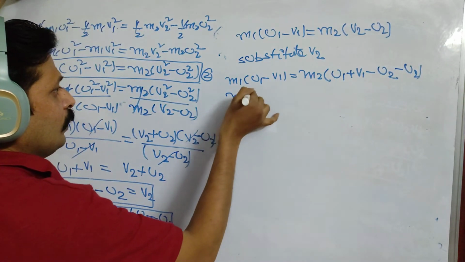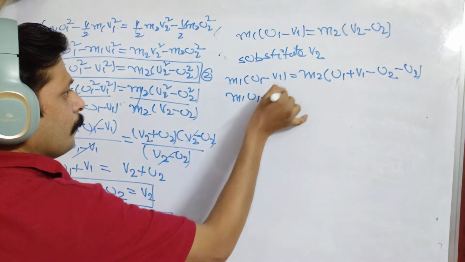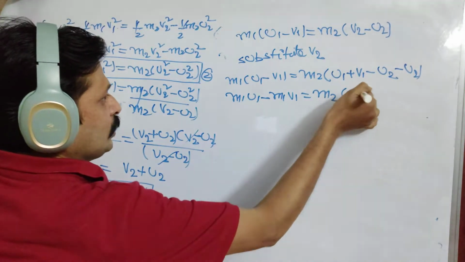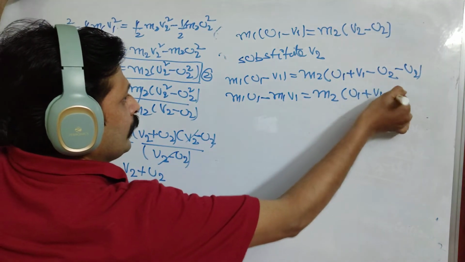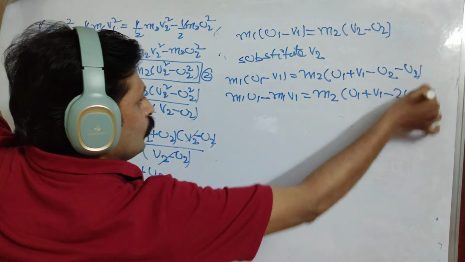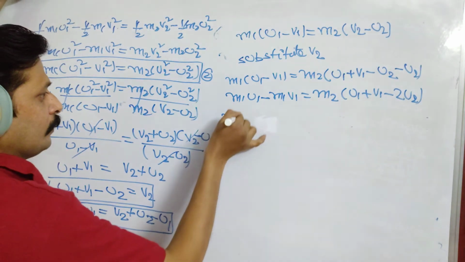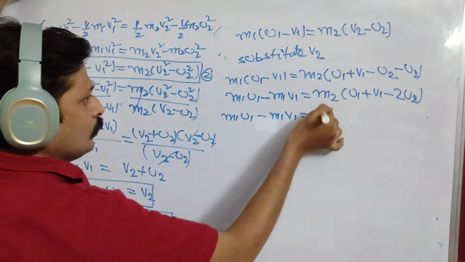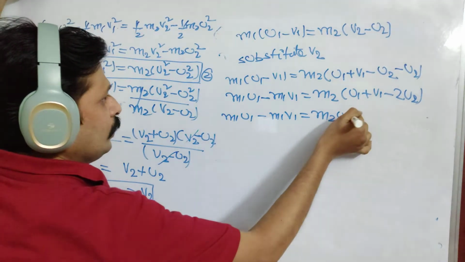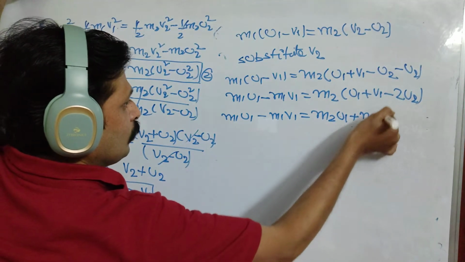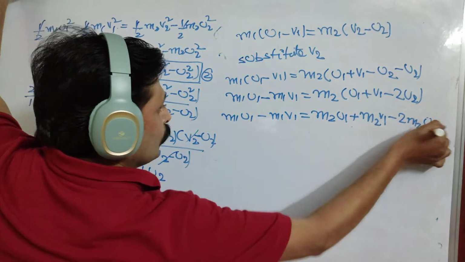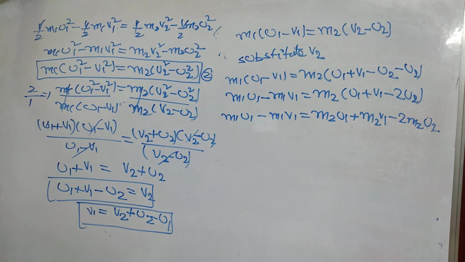Now m1 u1 multiply, minus m1 v1 equals m2 of, first term u1, second term v1 minus 2 u2. Now right side also should expand. m1 u1 minus m1 v1 equals m2 u1 plus m2 v1 minus 2 m2 u2.